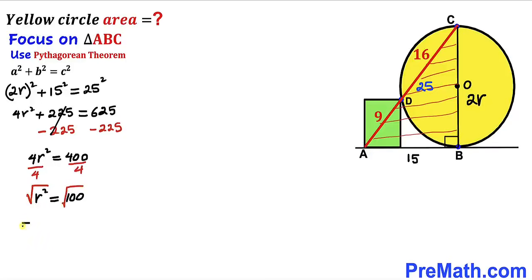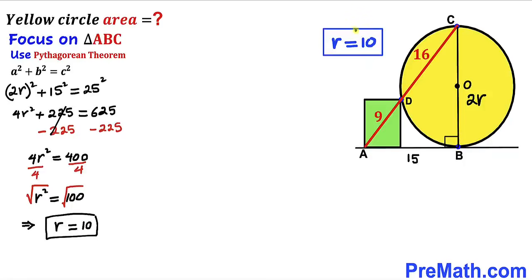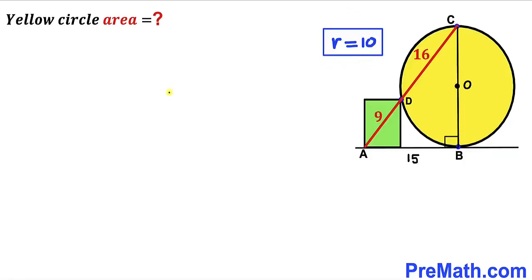So our radius r turns out to be 10 units. Thus the radius of this yellow circle is 10 units. And here's our final step: now we are going to calculate the area of this yellow shaded circle.